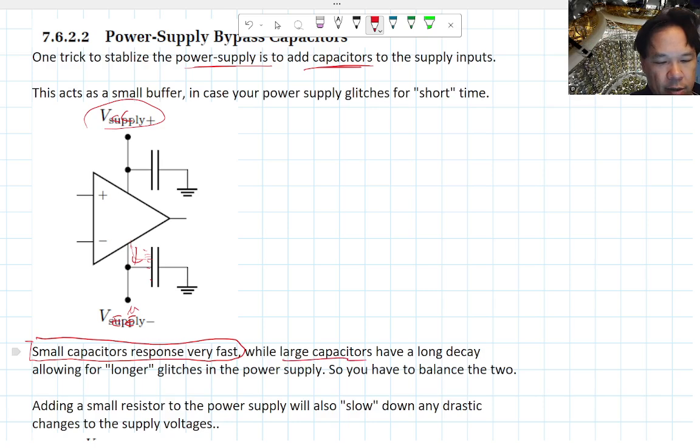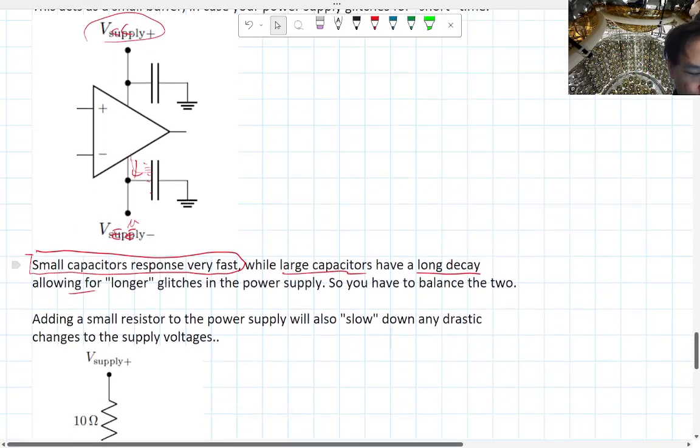But a larger capacitor has a longer decay time, meaning if something lasts for a millisecond, it can still supply your op-amp until that glitch goes away. A lot of times you have to balance between the two. You want something that responds fast, or something that lasts a long time, because the ones that last a long time may not respond fast enough to very short glitches.